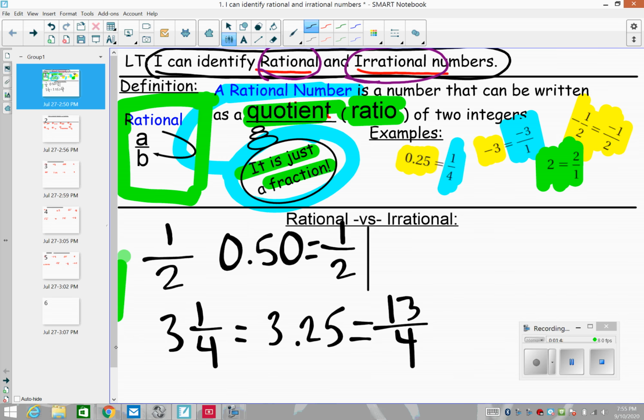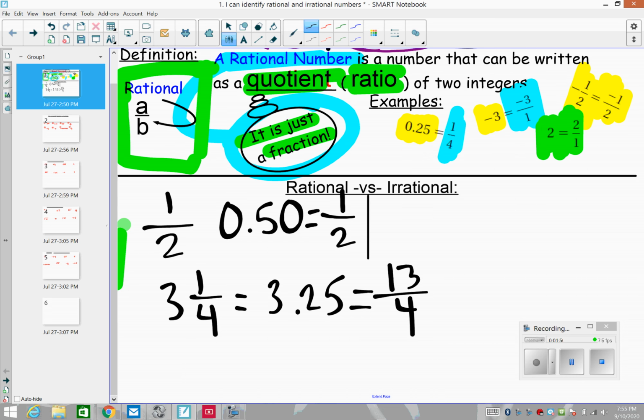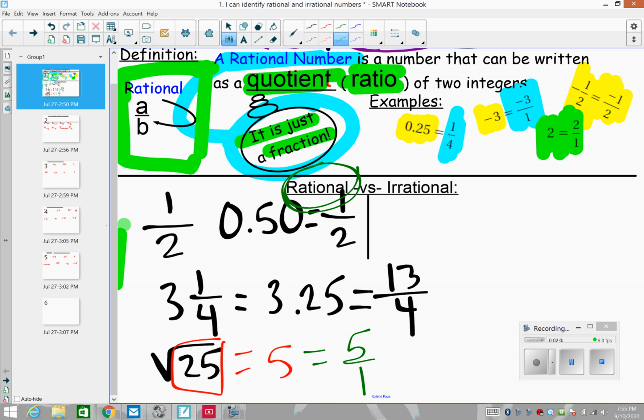Rational. We can also talk about the square root of 25. Why? Well, the square root of 25 is a perfect square. That makes a perfect square of 25 that has a side length of 5, and that can be manipulated into a fraction. Those are all rational. Anything that can be written as a fraction is rational.